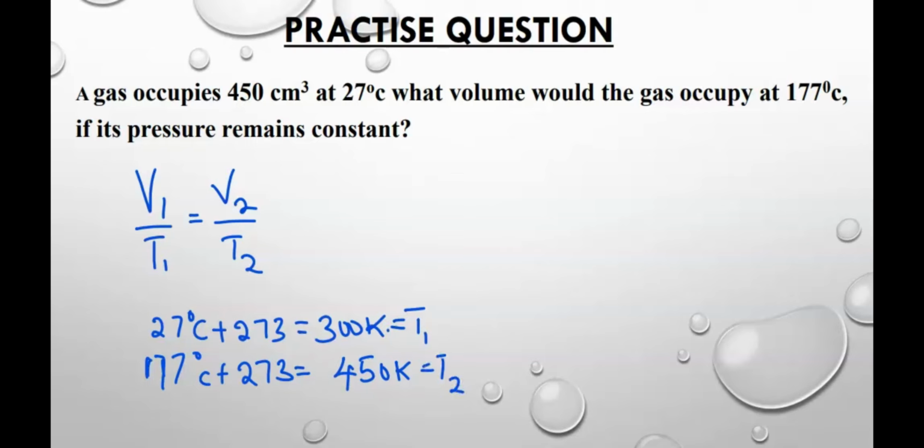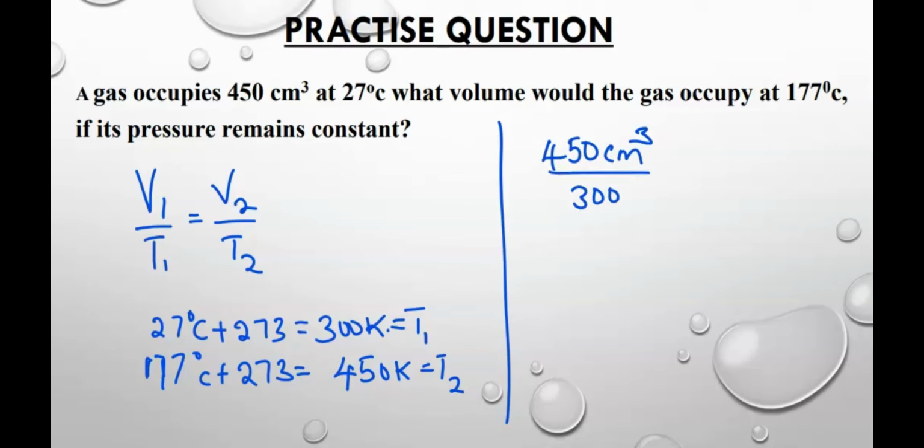Now from there, we can work that out. Our V1 here is 450 cubic centimeters over T1, which is 300 Kelvin, equals V2, which we don't have. We must find the volume V2 over temperature 2, which is 450 Kelvin.